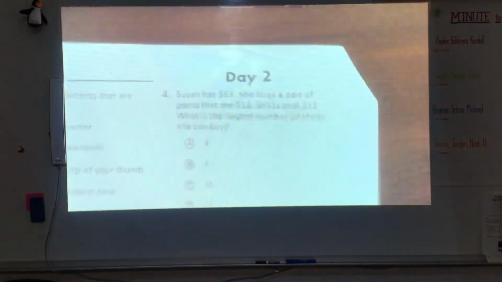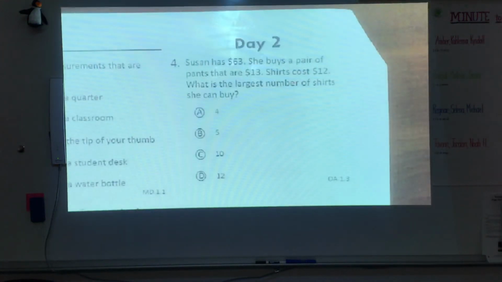All right, 2 more to go. Number 4. Susan has $63. She buys a pair of pants that are $13. Shirts cost $12. What is the largest number of shirts she can buy? Multi-step problem. All right, so what's important? That she has $63?